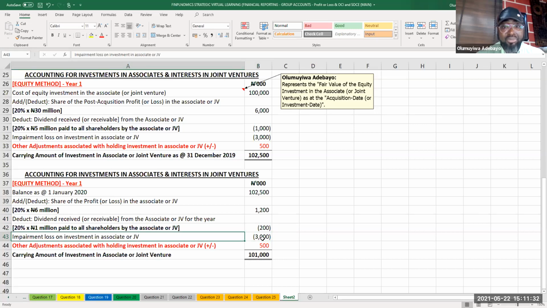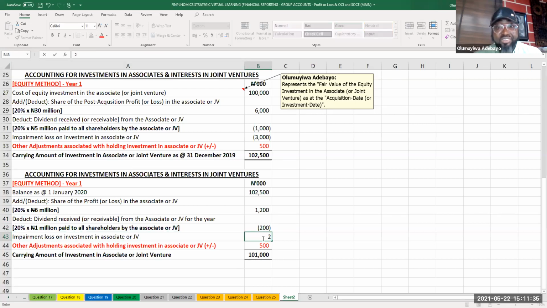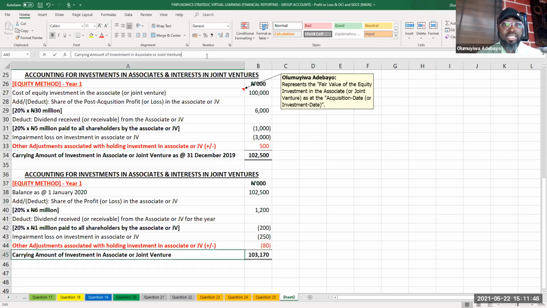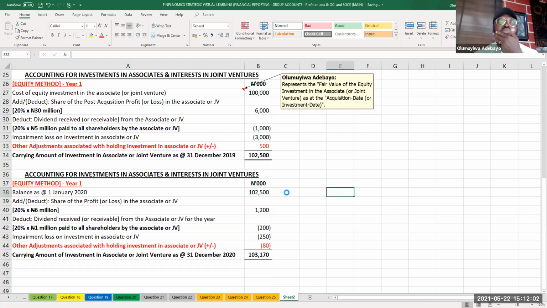Impairment loss in the year, let's say just 250, if any. An adjustment, let's say, is now minus 80. At the end of the day, this will not be as at the current year. Does it make sense now? Which means we are saying the same thing.